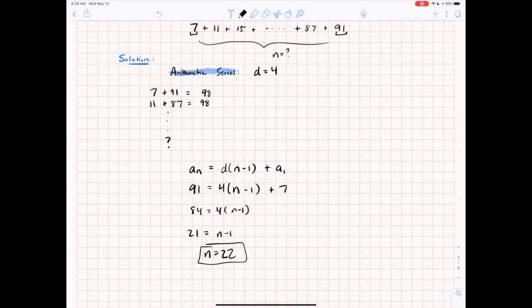So I know that if I go through and pair up these numbers and I get 98, there are going to be 22 divided by 2 pairs, or 11 98s. And so I can say that the sum is going to be equal to 98 times 22 divided by 2, which is 11. So the sum is 1078.